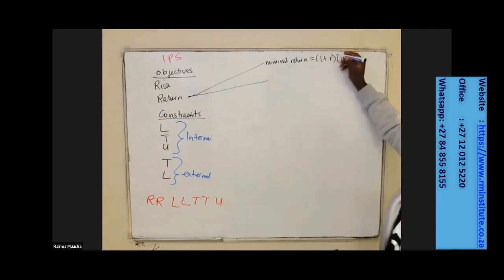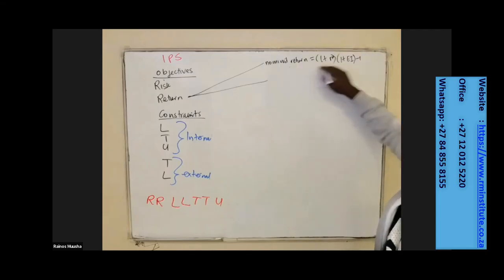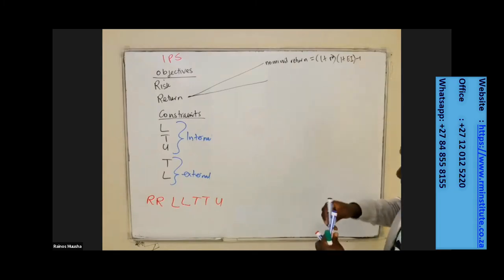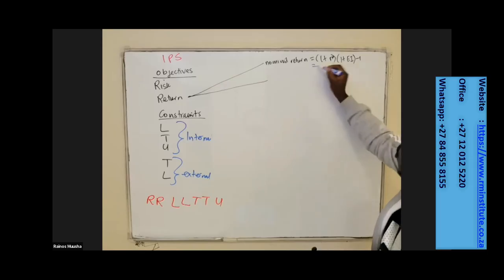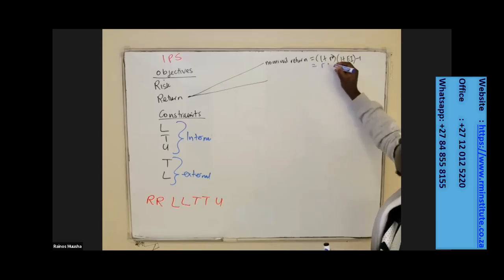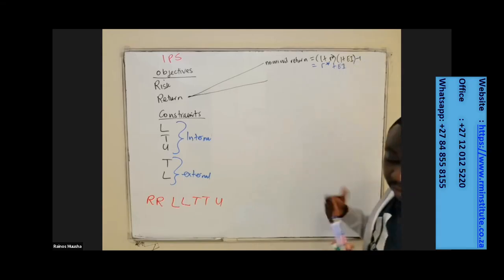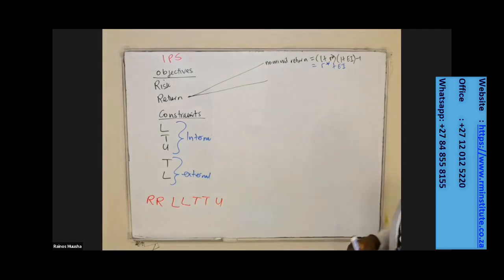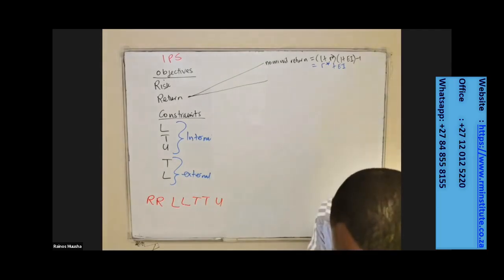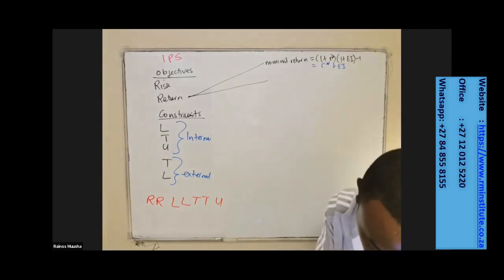So this is how you can calculate the nominal rate of return. Or sometimes you can also use the additions method, where your nominal return can also be given as your real return plus your expected inflation. So this would give you your nominal return, depending on exactly what the question is asking you to use as a method of calculating your nominal return as well.